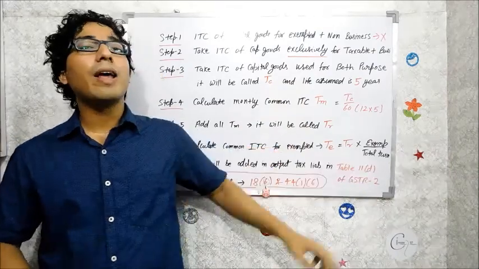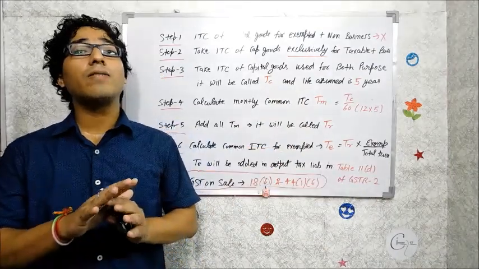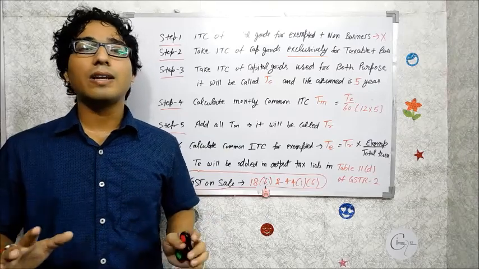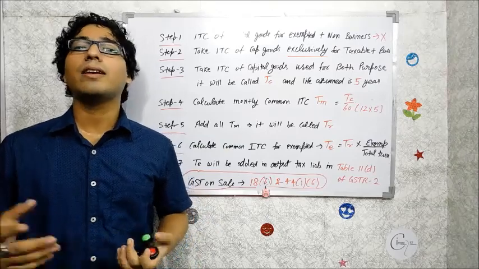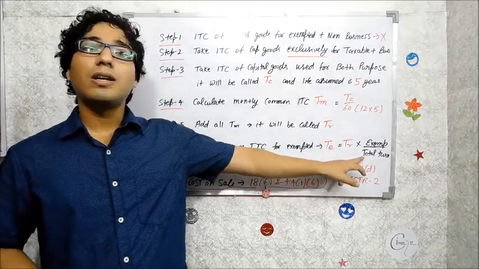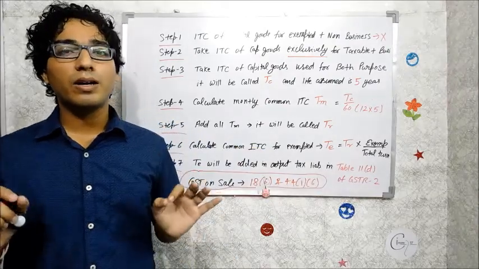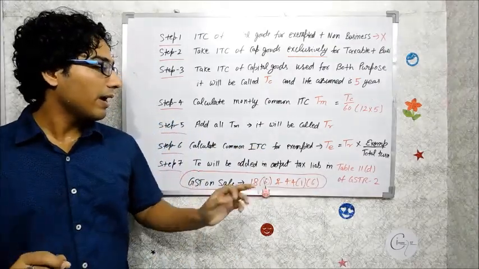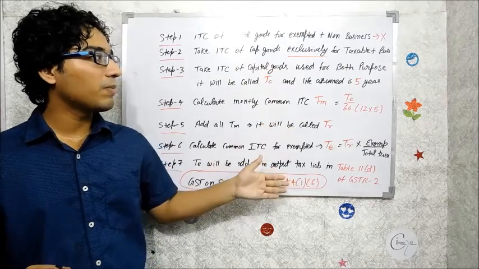And like total turnover and exempted turnover, turnover will not include the taxes, all the taxes like GST or any other taxes. So in the total turnover, don't include the tax amount.